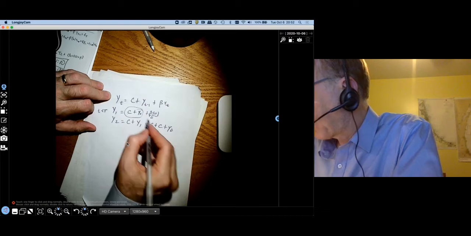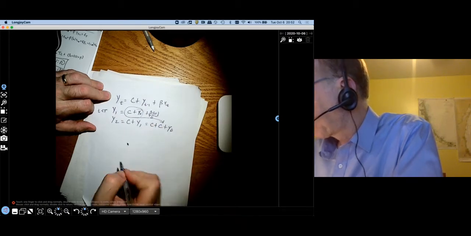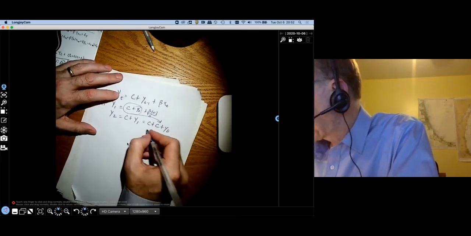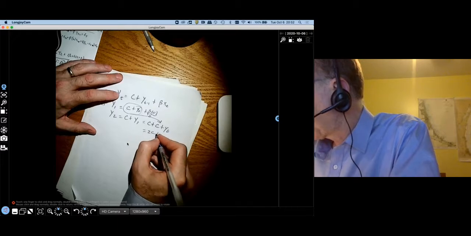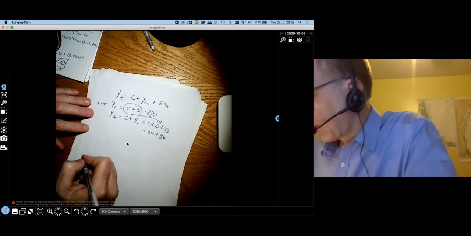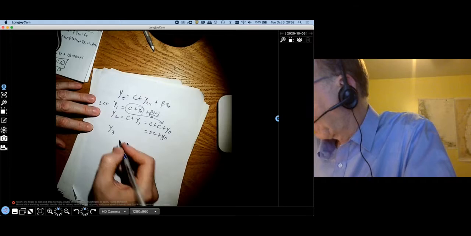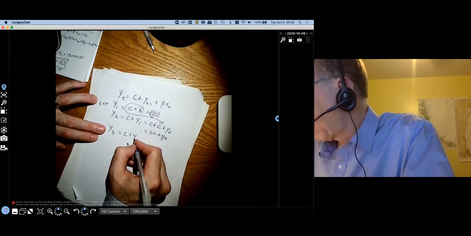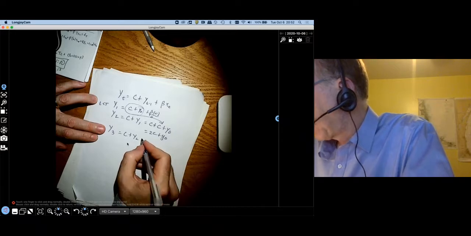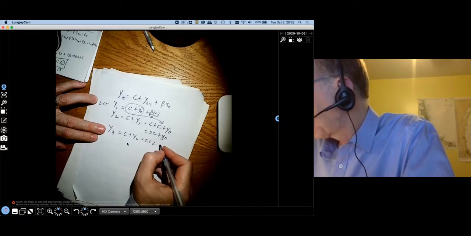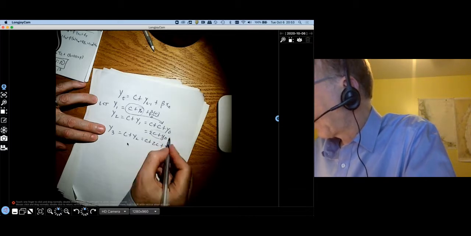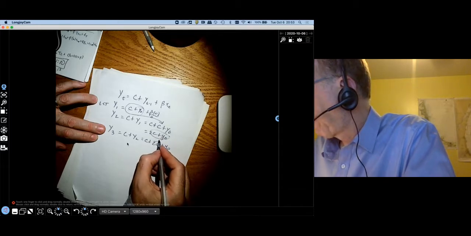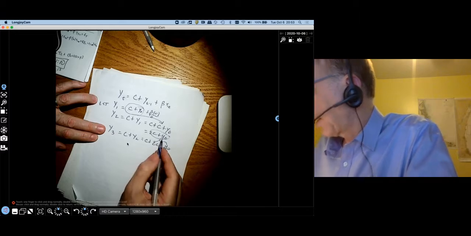So let's just go drop all of that in right here. And we recognize this as 2c plus y naught. Well, let's go do time period 3. So this would be c plus y2, but this is c plus 2c plus y naught, where I'm just dropping in what I have here and putting it there.